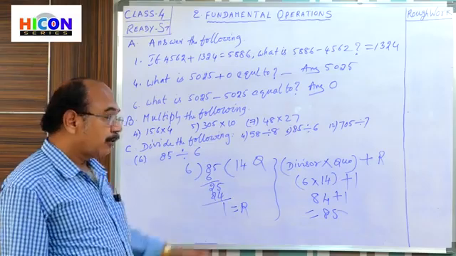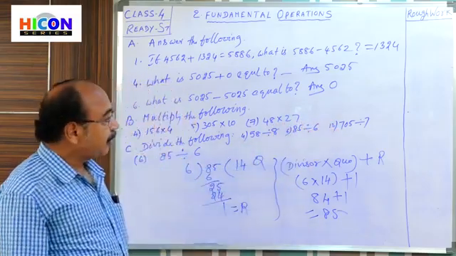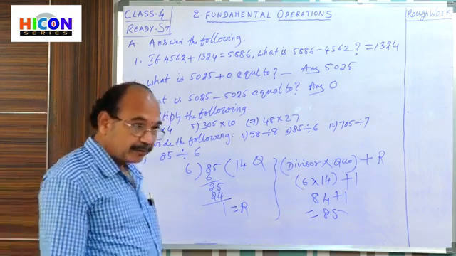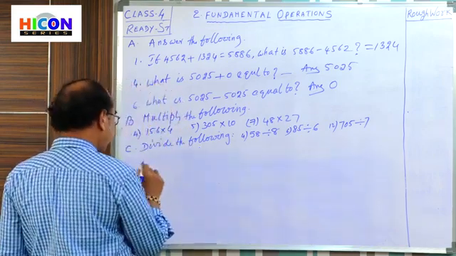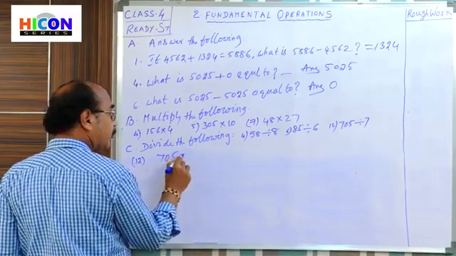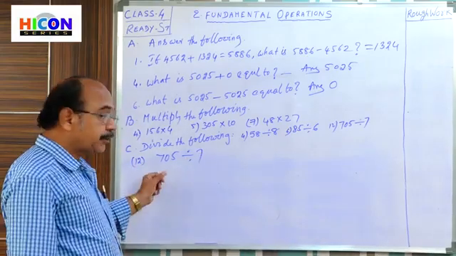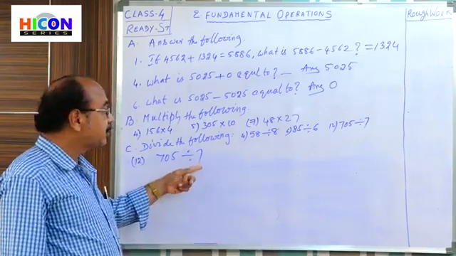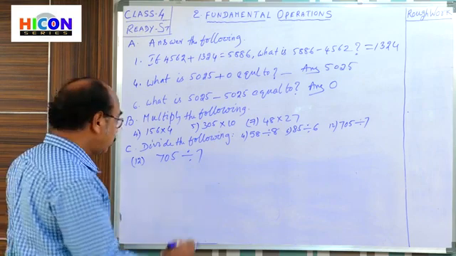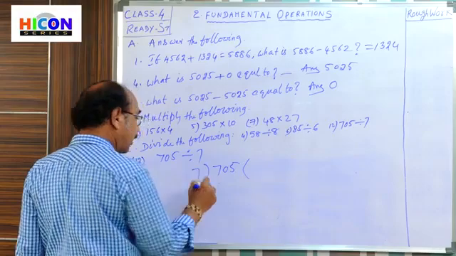Now come to the next one, 12th. 705 divided by 7. A 3-digit number is to be divided by a single digit 7. So 705 divided by 7.